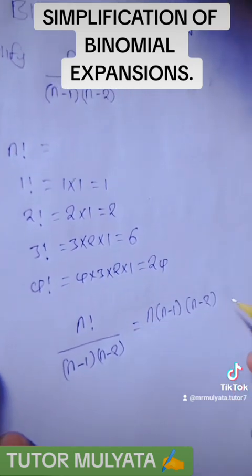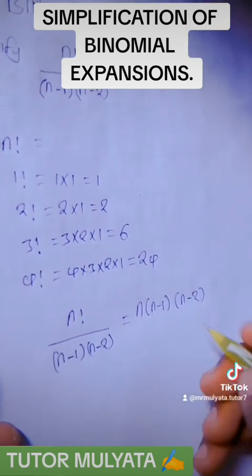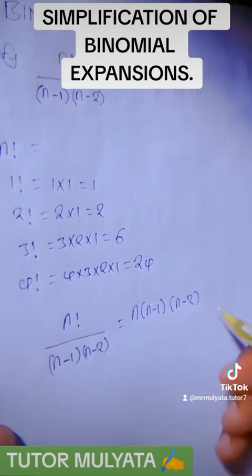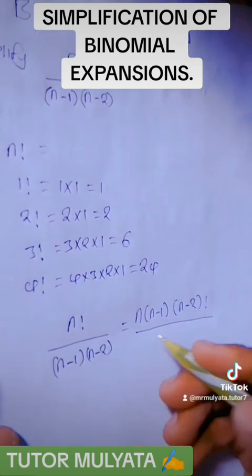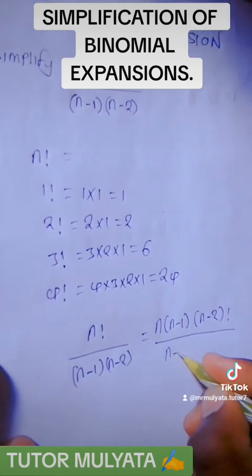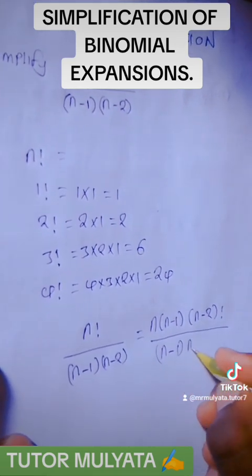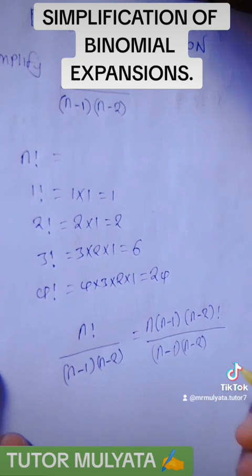You can even say n minus 3, n minus 4, but since the highest is 2, we end here. This is over what I have been given here, which is n minus 1 and then n minus 2.